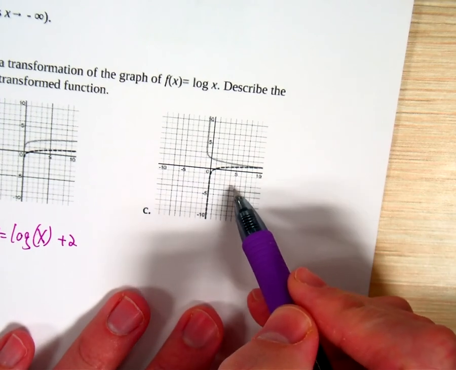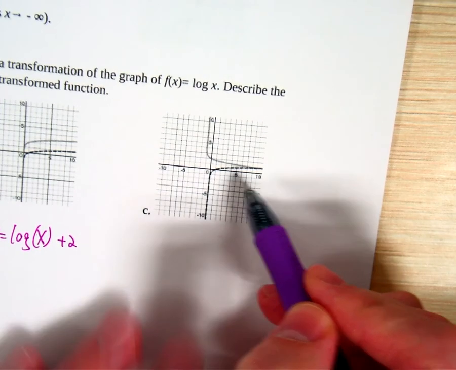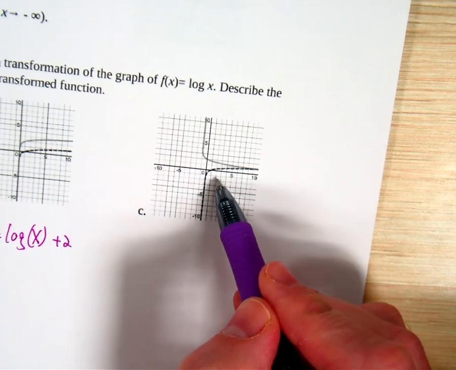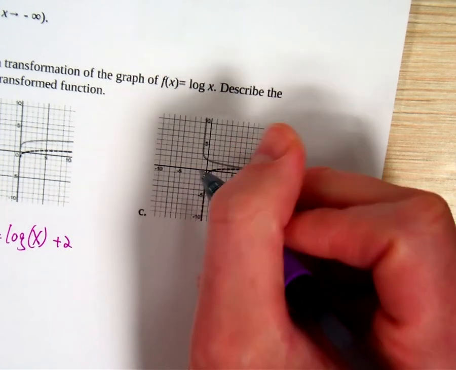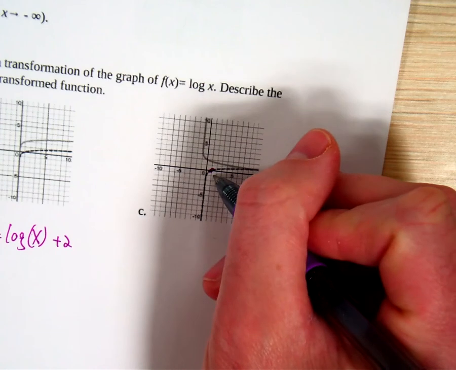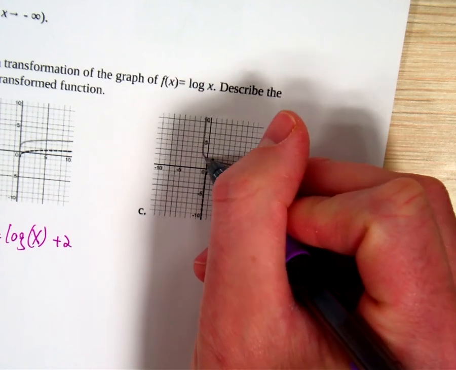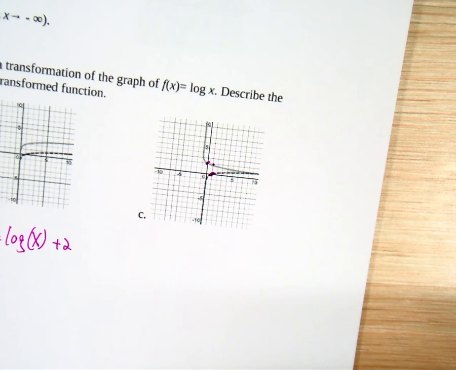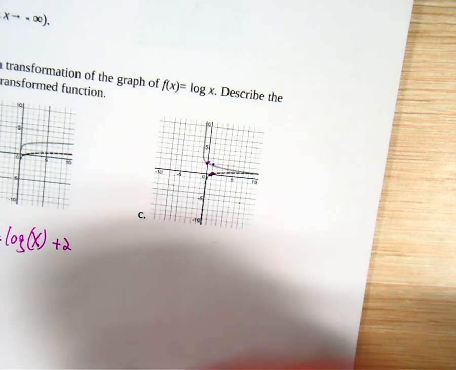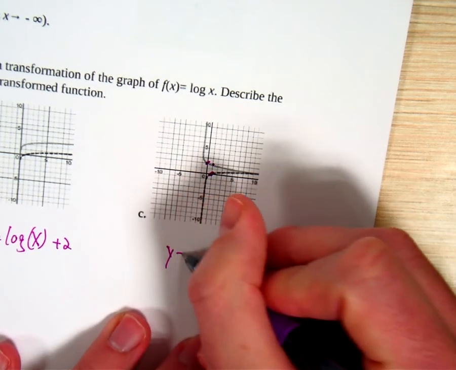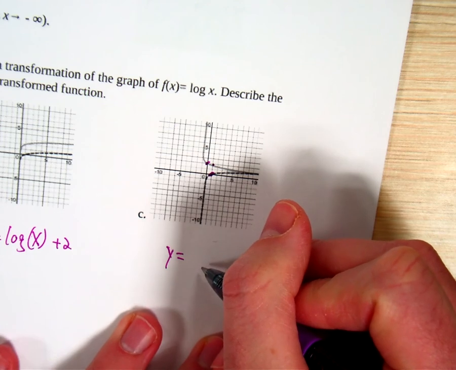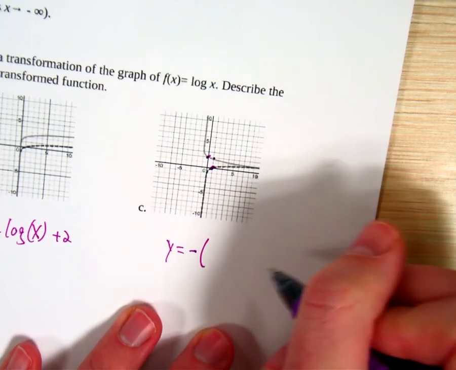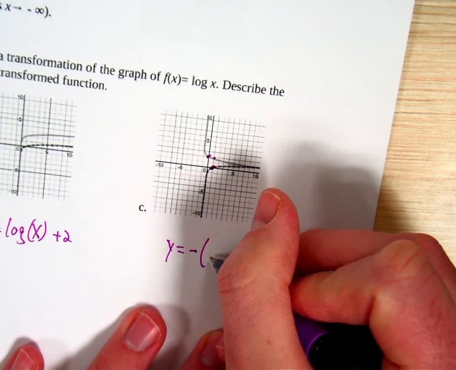This one appears to be just flipped. Is it slid up at all? Well, let's just see. Our nice point here appears to now be there and over 1. So maybe we're reflected. We're right 1 and up 2. We're vertically reflected. So y equals negative on the outside is going to flip it up and down.